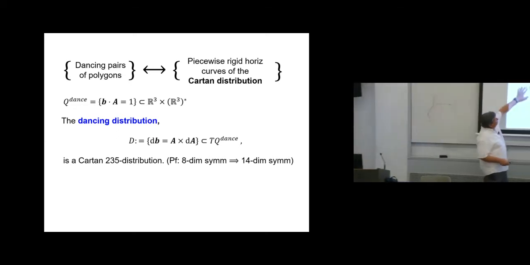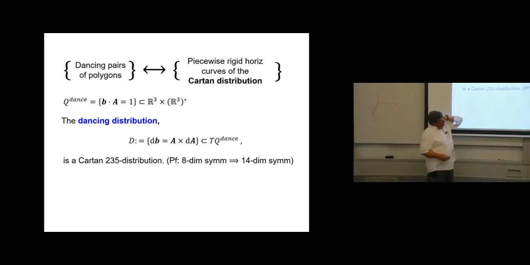There are many ways to lift it, but there's a unique way to lift it to a horizontal polygonal curve, or piecewise rigid curve, on this. That's the main technical lemma that makes all this work, but I don't have time now to explain it. It will come up, hopefully in a month, in a paper.